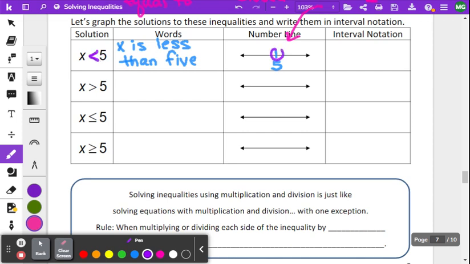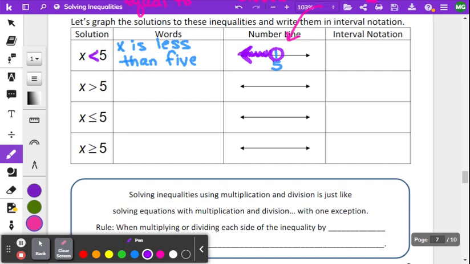So we would put an open circle on 5 and think about where the numbers that are less than 5 are. Well, 4, 3, 2.5. They're this way on our number line. So we will graph it showing that these numbers all the way to the left are part of that solution.